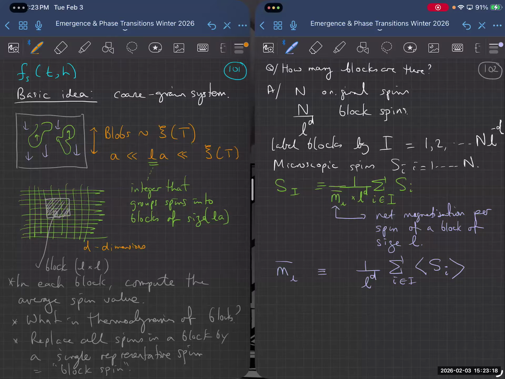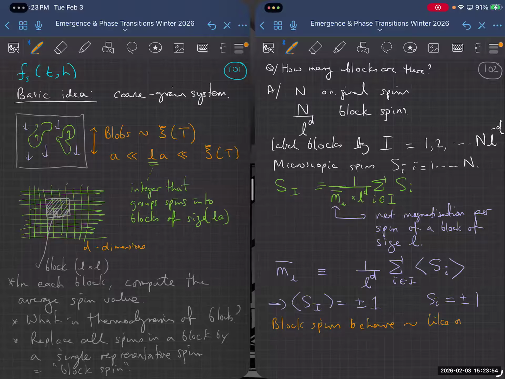And so now what this means is that S_I is plus or minus 1, just in the same way that s_i, our microscopic variables, can be plus or minus 1. So the way that we've constructed these blocks is that the block spins behave approximately like the original spins.